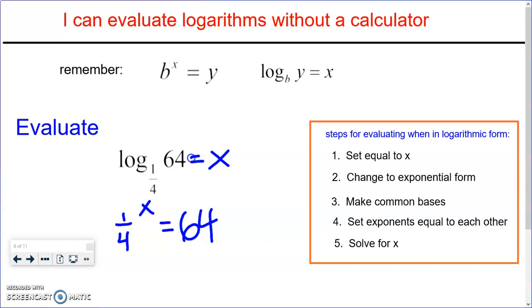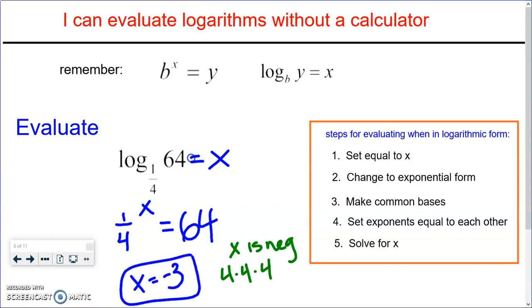So somehow that exponent needs to be a negative so we can get it flipped back up to the top. So here we know x is negative. And we would also say 4 times itself, how many times will give us 64? 4 times 4 is 16, times 4 is 64. So we have 3 times. Therefore, we know that x equals -3.